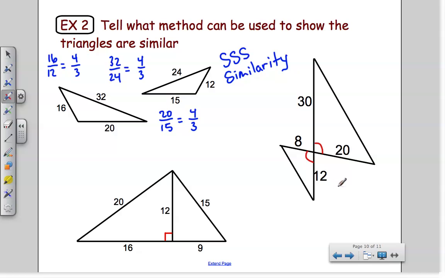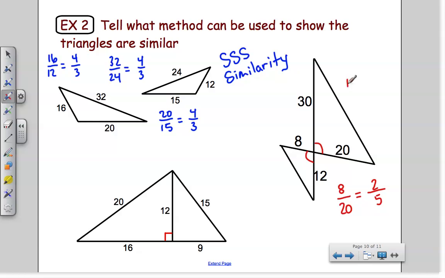Let's see. Are the sides around it proportional? I know I'd compare 8 to 20 because 8 was the shorter of the two sides here and 20 is the shorter of the two sides there. That reduces, divide by 4 and get 2 to 5.